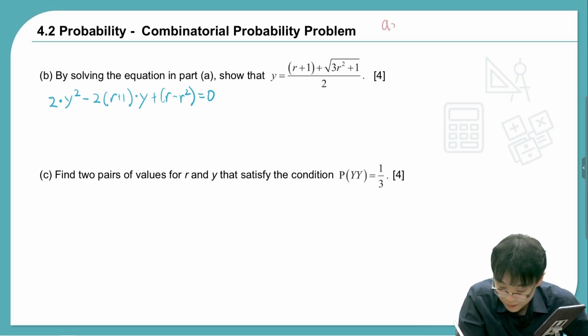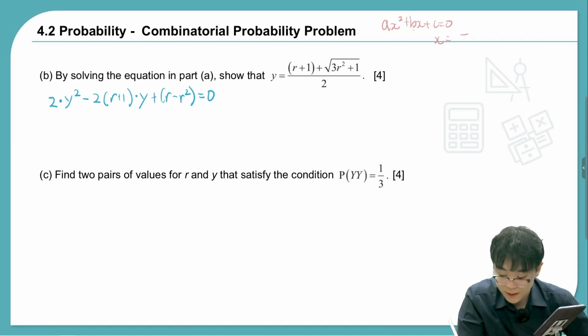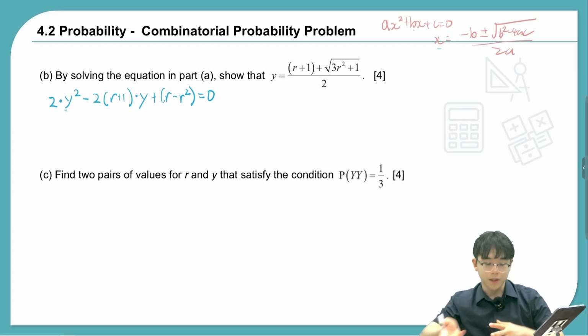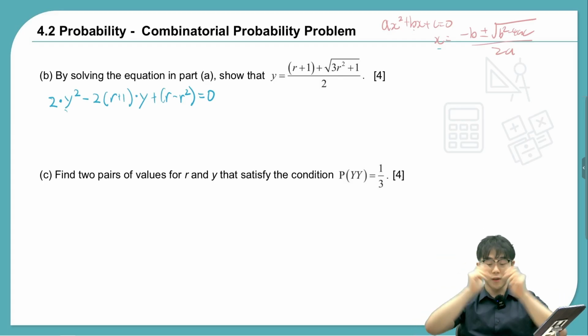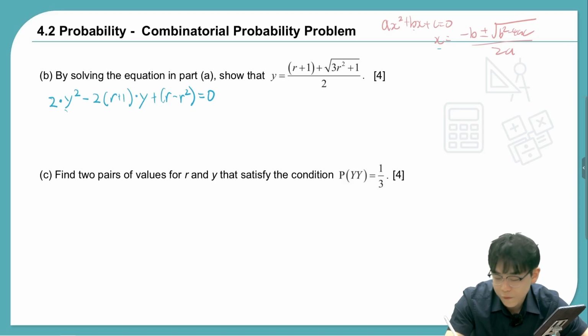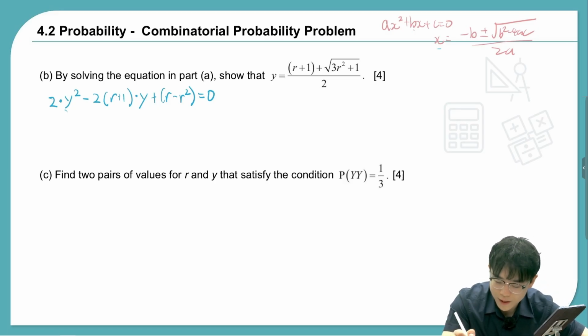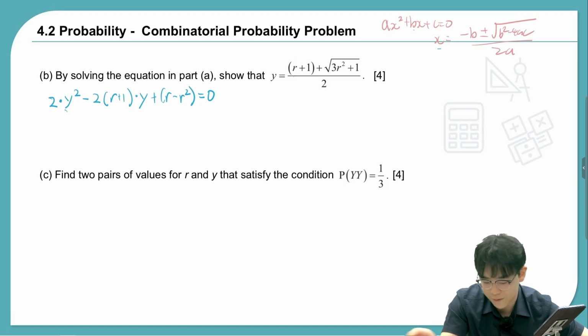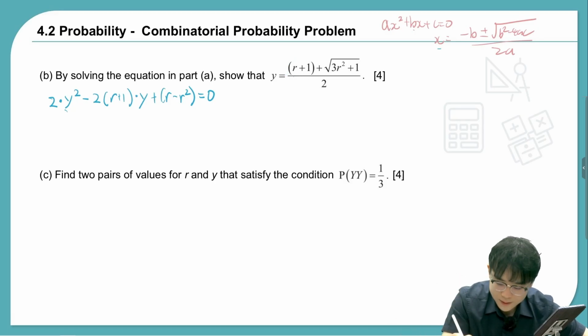So remember how if you had ax squared plus bx plus c equals 0, then x can be found by using the coefficients like negative b plus minus square root of b squared minus 4ac over 2a. Right? So in this case, we have y instead of x. So it's a quadratic equation using y. So we're trying to find the root of y. And in the coefficients, we happen to have r. Is that okay? Yes, because r is an unknown value, but it's a constant. It's not a variable. So we can just set that up.